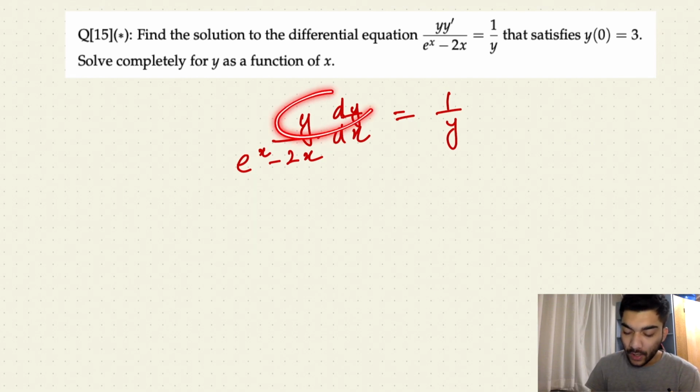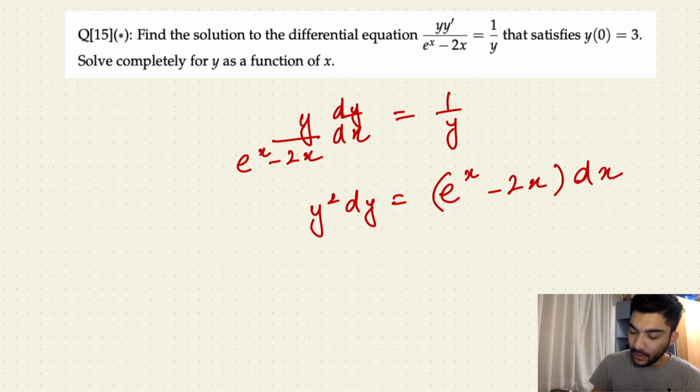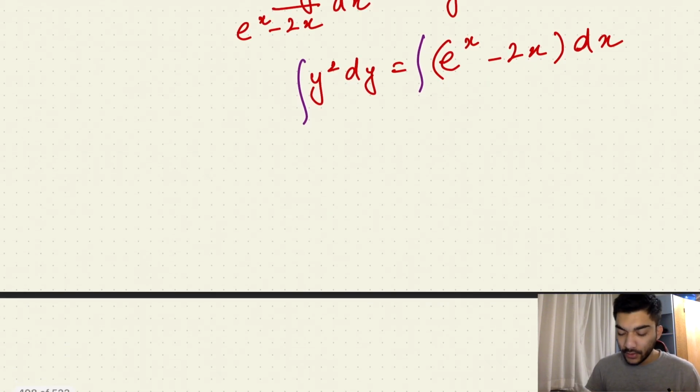So let's keep the y variables on the left side and the x variables on the right side. We can move this expression over to the right hand side and this y to the left hand side, such that we get y square dy equals e to the power x minus 2x dx. Now we can integrate both sides in order to get the final function.